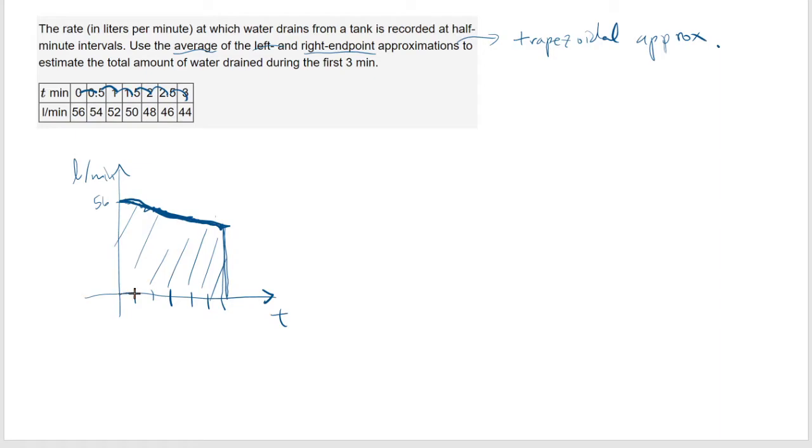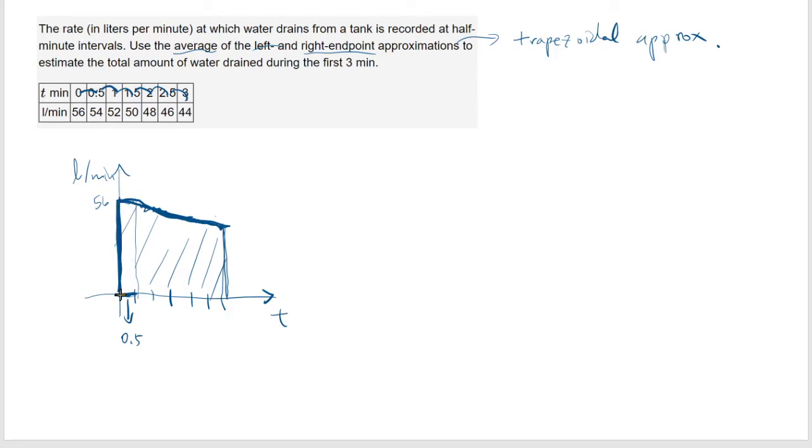For each interval, the left endpoint rule is to multiply the base length, which is 0.5, because the length from 0 to 0.5 is 0.5, by the height. But which height do you use, the left one or the right one? The left endpoint rule says you use the left side. So this is your height.